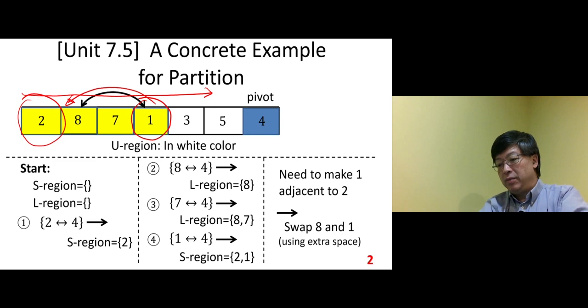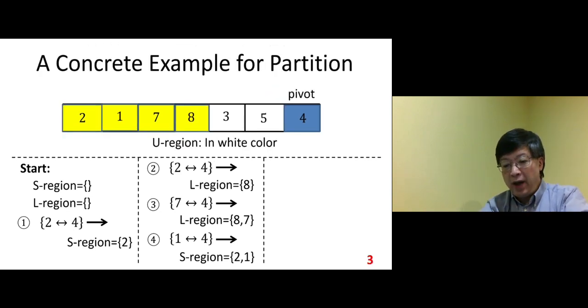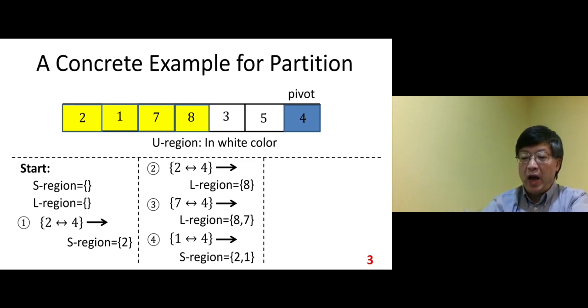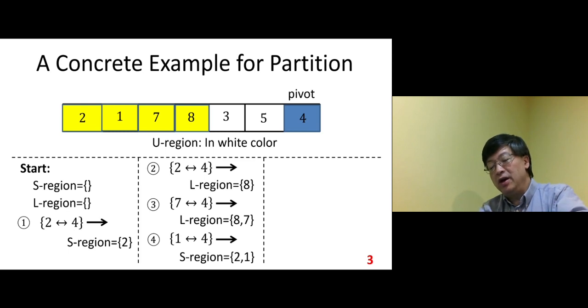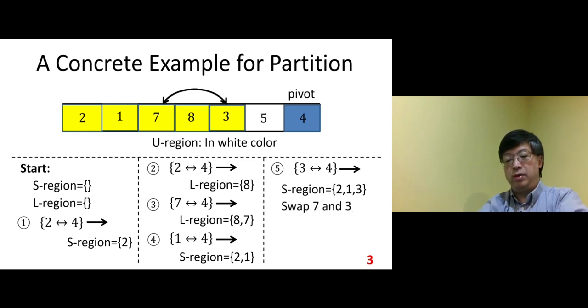But here, when we do this, we need an extra space. Here, our extra space 1, we use it for the swap operation. Next. After the swap, the next element 3, we compare it with 4. It is less than 4, we should put it in S region, and we need another swap.